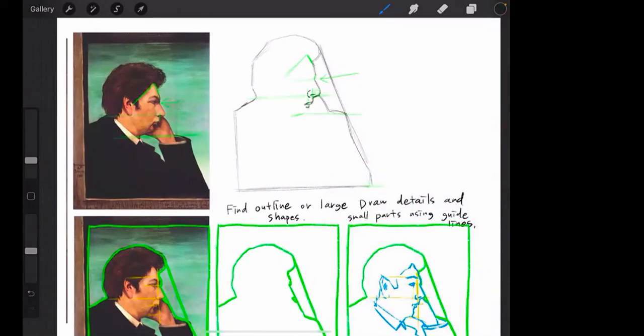Yeah. And the chin is following. And the eye, it's meeting the line with the mouth. So about here.